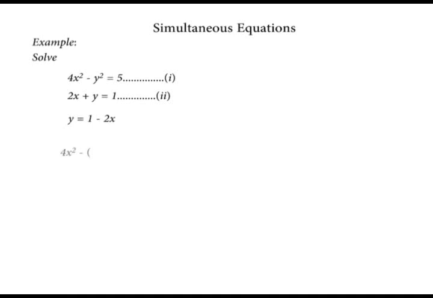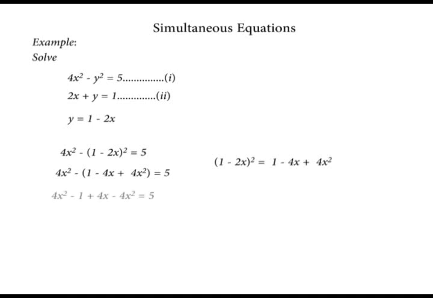So we have 4x squared minus, y now is 1 minus 2x squared, is equal to 5. If you expand 1 minus 2x squared, you will have 1 minus 4x plus 4x squared. Hope you know how to do that. So we shall have 4x squared minus 1 minus 4x plus 4x squared is equal to 5.